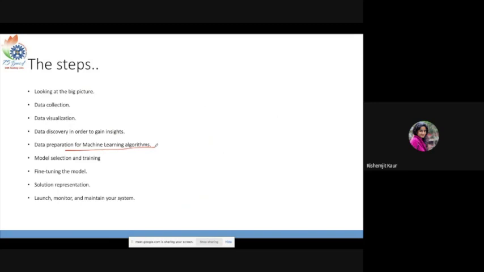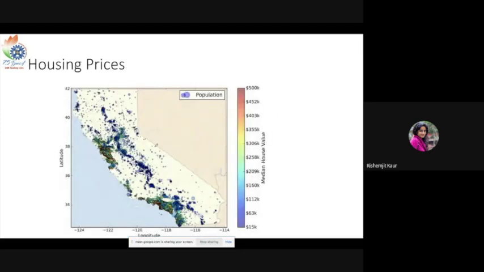In fact, I'll show you an example of a data set, and we will follow it along through the actual coding itself, to see what all these steps are and how we need to go through them. So this is the example that we will be looking at. This is a problem of predicting the prices of certain houses. So we have a data set which tells us where the homes are located.